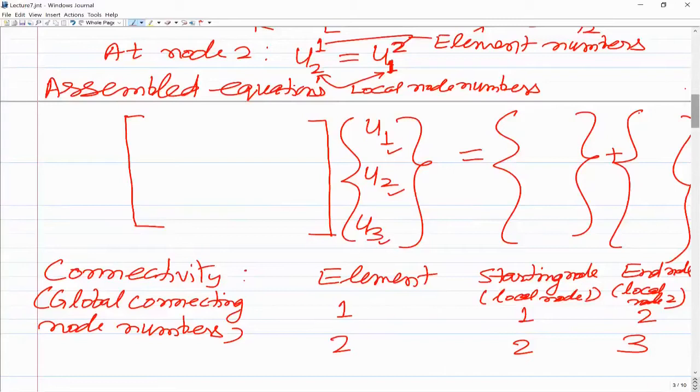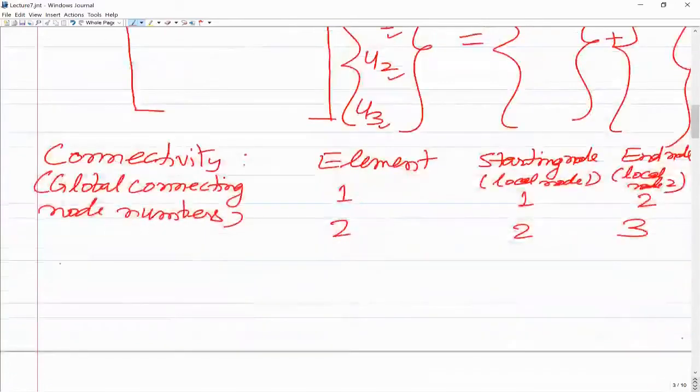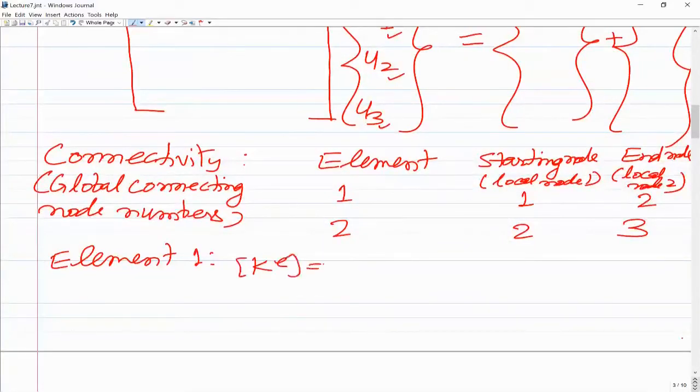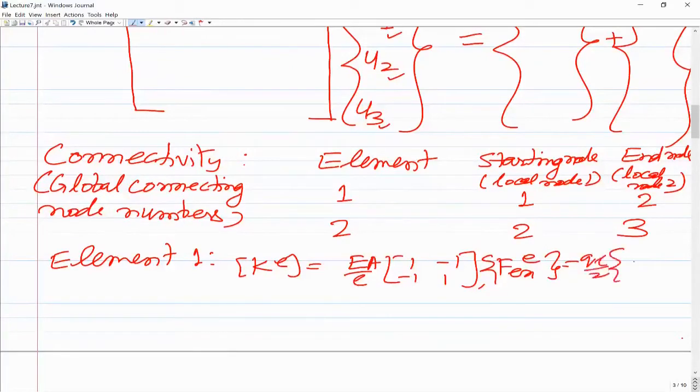If you look at element 1, we know the structure of the equation. Because we are taking EA and q constant within the element, the stiffness is EA by L times [1, -1; -1, 1], which we have already derived. The external force for the element is qL by 2, with 1 and 1.